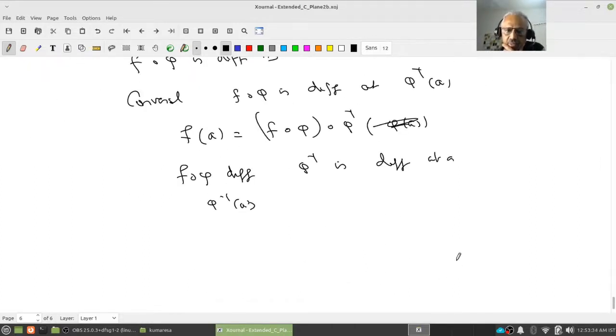Therefore the composite of f composite phi with phi inverse, that is f, is differentiable at a, again by chain rule.